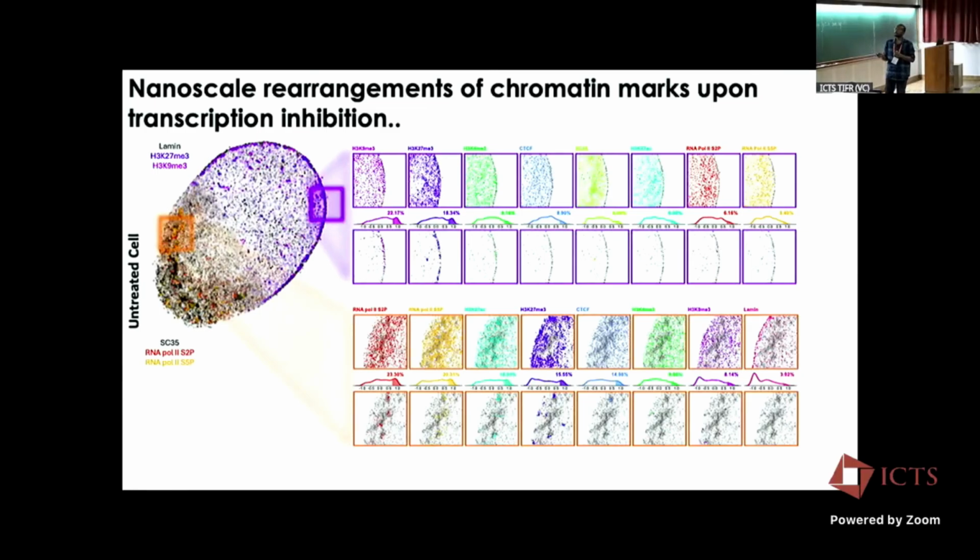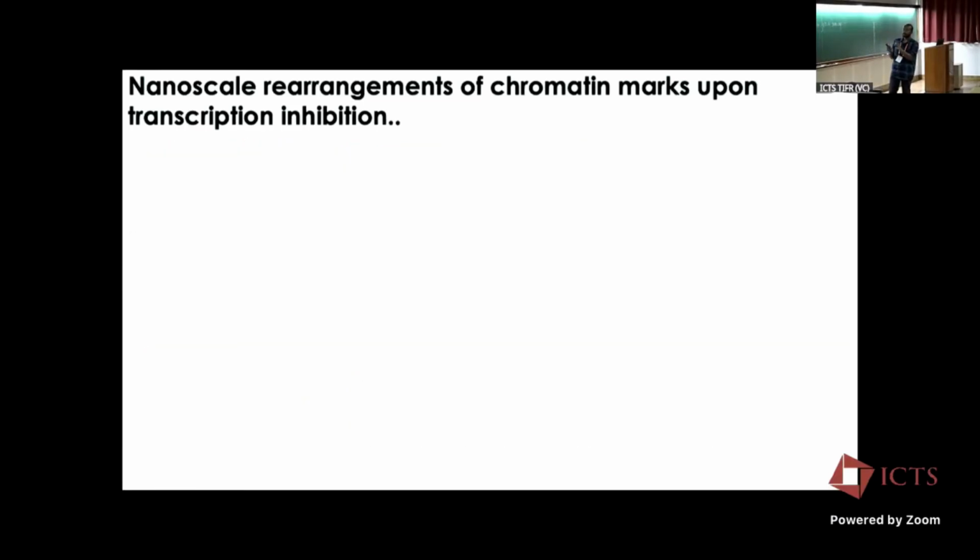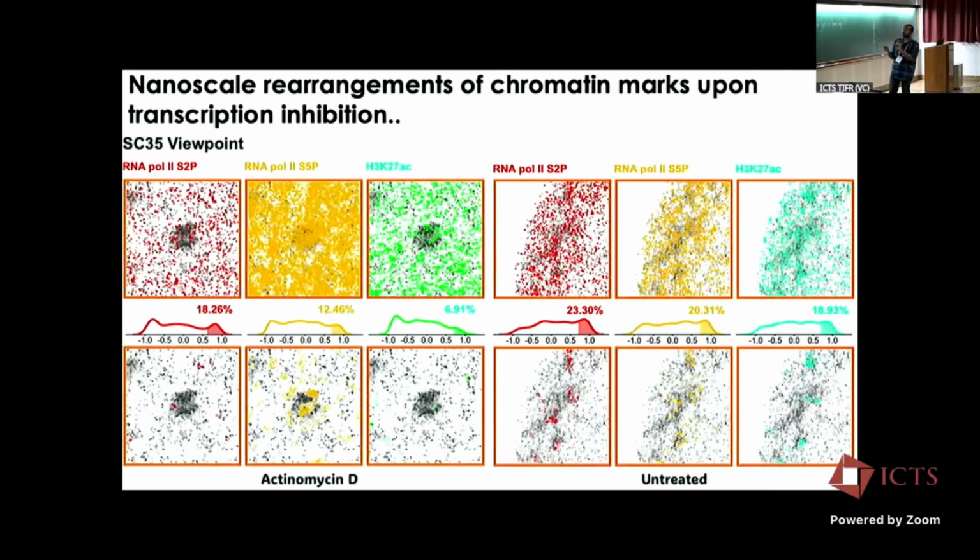You can see that, if you're looking from the point of view of nuclear speckles, the heterochromatin mark, for example H3K9me3, is more negatively correlated with your nuclear speckle, which shows that even with the spatial correlation maps, we are able to obtain the spatial distribution of these proteins with respect to each other. But I would like to focus on these three targets for now.